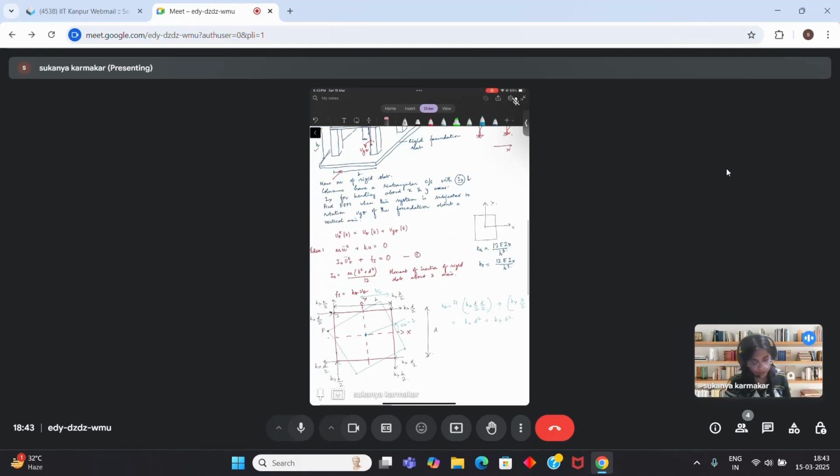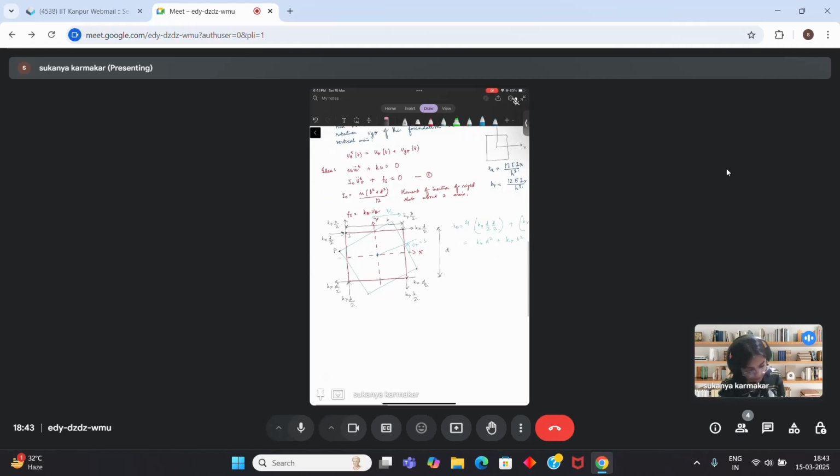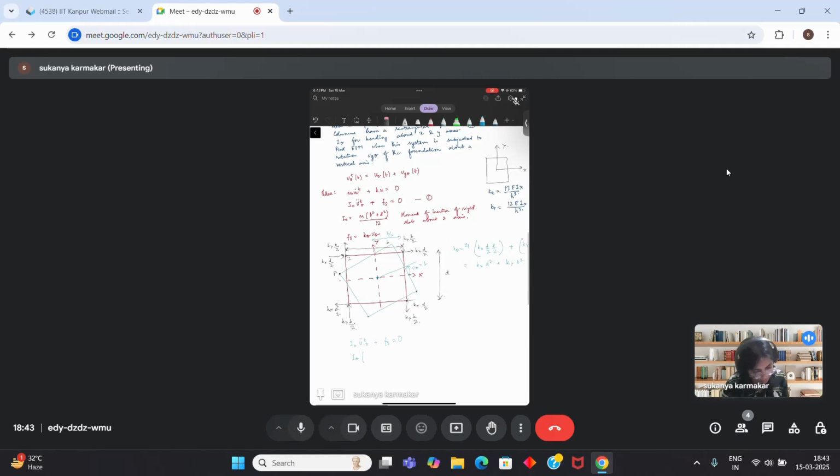So now, this is the equation of motion: I naught u theta double dot plus fs is equal to 0. Now this moment of inertia about the z-axis is fine, I naught. Now let's substitute this.